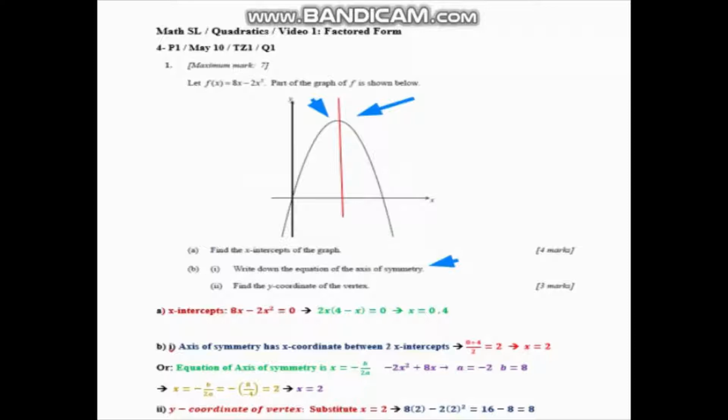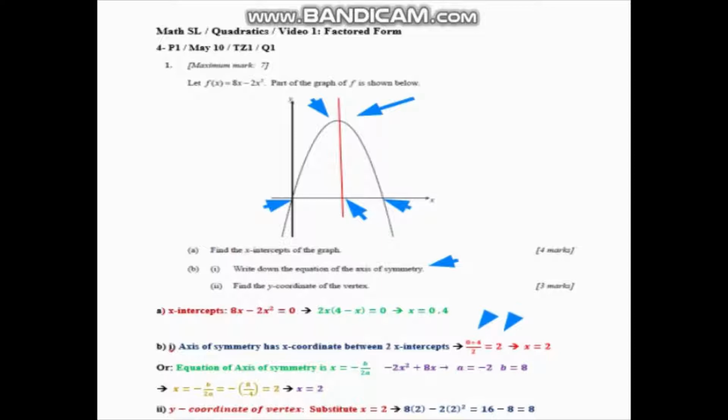This is very important. So we should know that a vertical line has the equation x equals something. We want to know what x is equal to, and this depends on the x-coordinate of the vertex. And we know that the x-coordinate of the vertex is obtained by averaging the two intercepts, because the vertex has to lie halfway between the x-intercepts. So 0 plus 4 over 2 gives me 2.